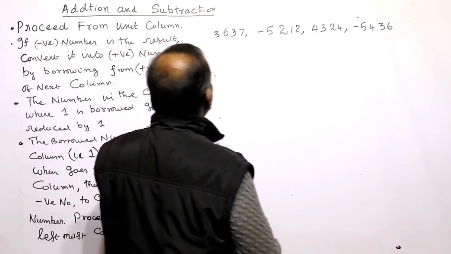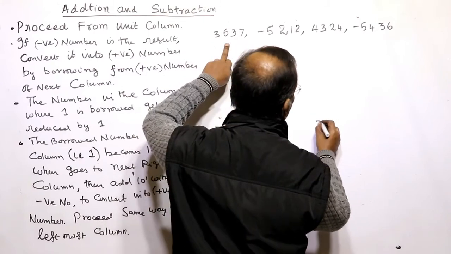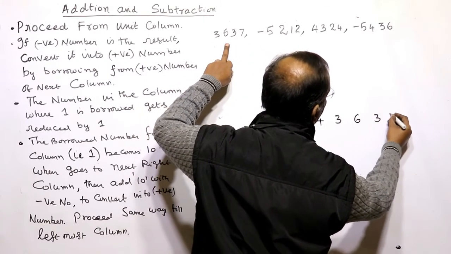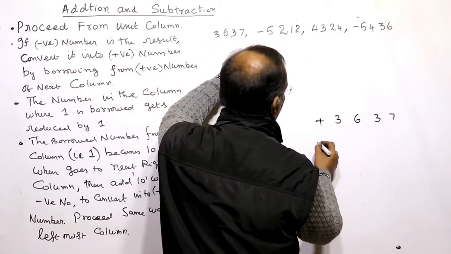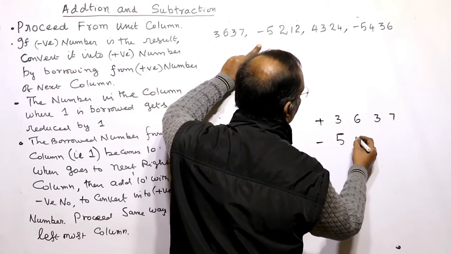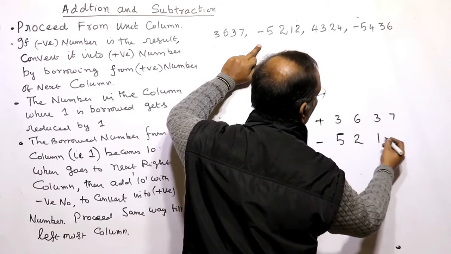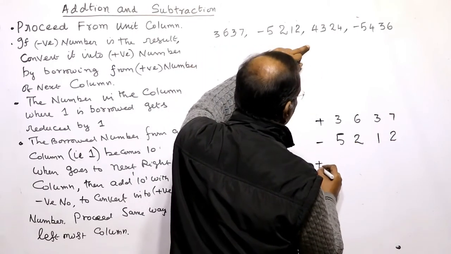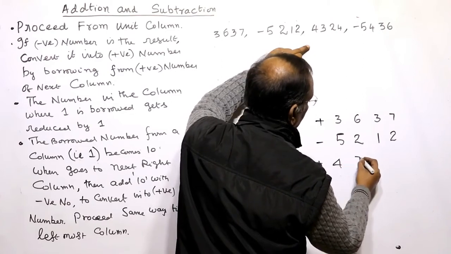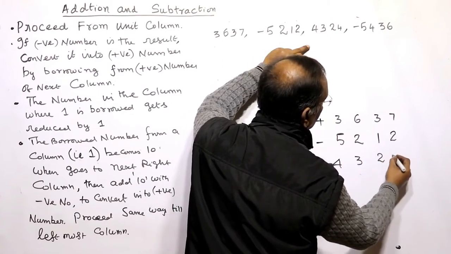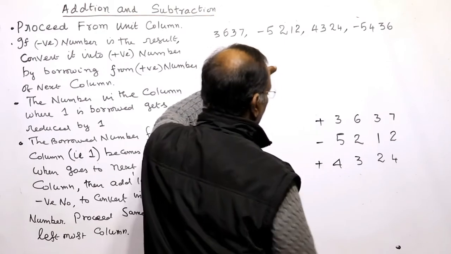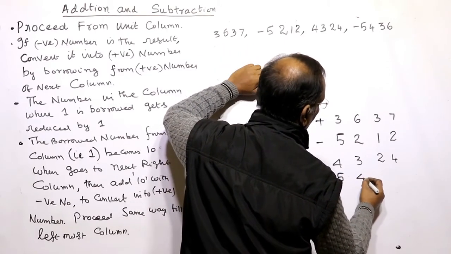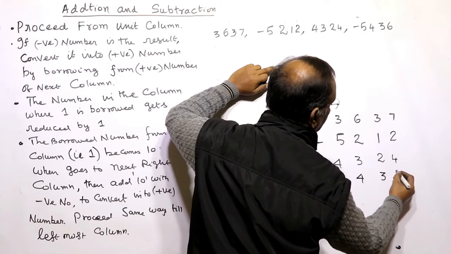Another example is 363 plus 3637, 3637 minus 5212 and 4324 plus 4324, then minus 5436.